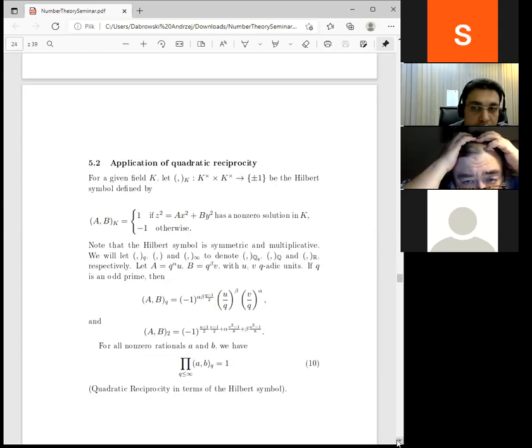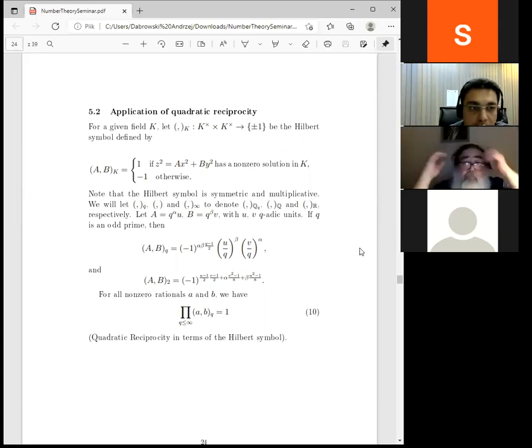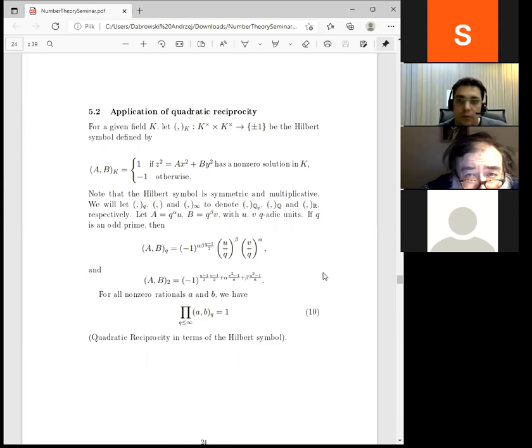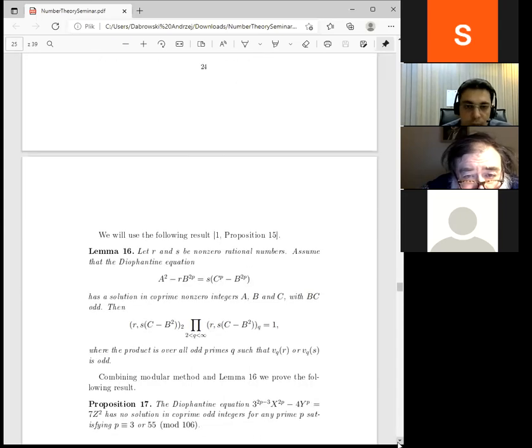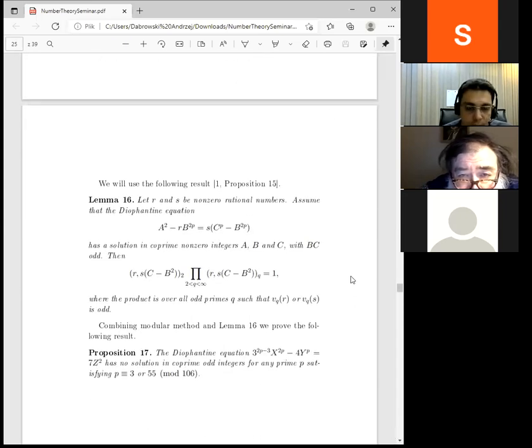And another method sometimes works, and it works in our situation too, giving another set of primes for which there is no non-trivial solution. Another method uses quadratic reciprocity in terms of the Hilbert symbol, and such a result, very useful here, was proved in a paper by Bennett and co-authors about five years ago.